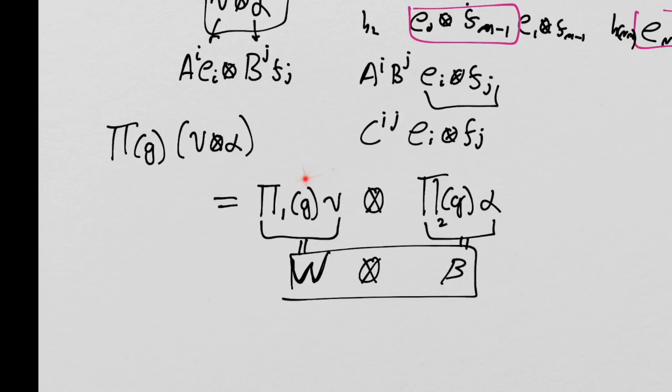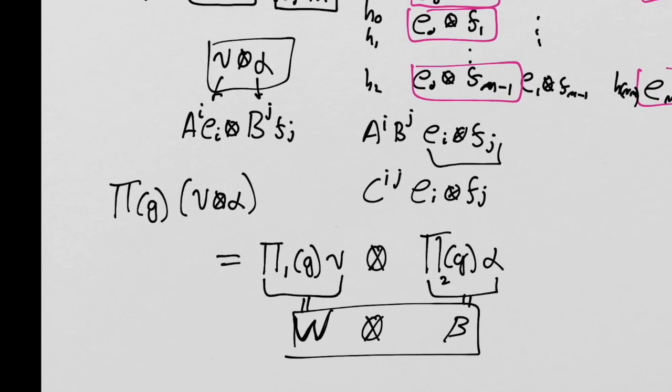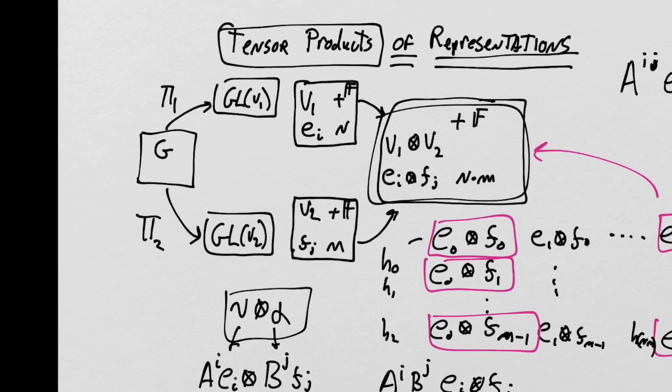Pi is the tensor product representation of the representation pi1 and the representation pi2. And all that means is it acts on the tensor product space of the two vector spaces that are associated with the other representations. It really couldn't be simpler. And also, it couldn't be any other way, right? There's no alternative choice here. This is the only way to really do it.